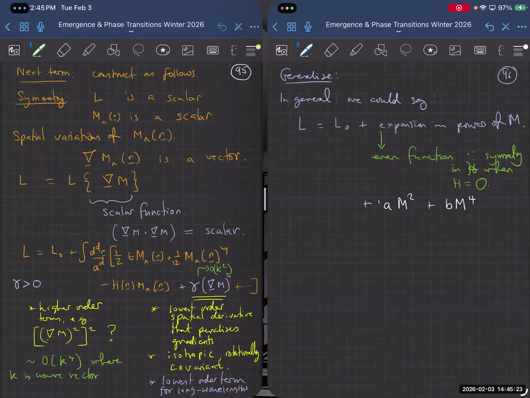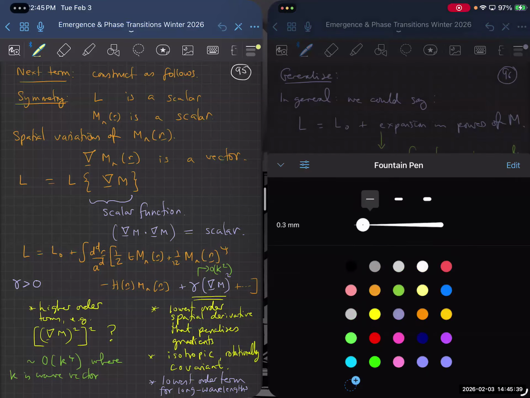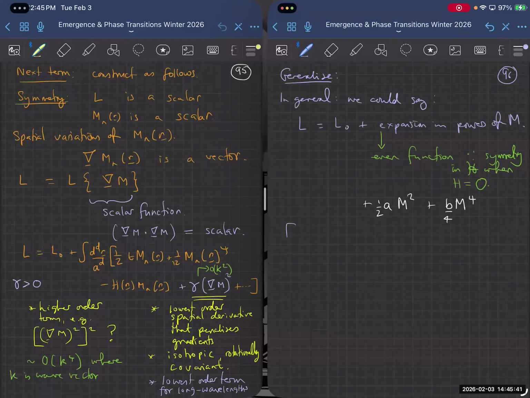And usually, I think in my book, I wrote this down in this way. I chose those coefficients to be a over 2 and b over 4, just like that. You can choose them to be anything you like. And then what should be the functional form of a and b?